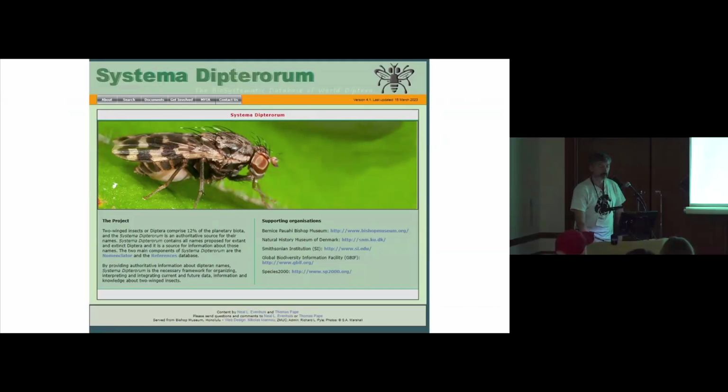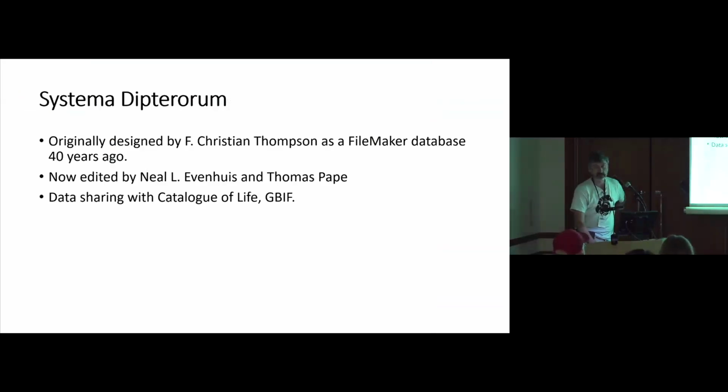Systema Dipterorum is an old database on diversity and classification of the order Diptera insects. It has a 40 year history, originally designed by Christian Thompson as a FileMaker database, with data entered by him, and after his retirement it is now inherited by Neal Evenhuis and Thomas Pape. Data is shared with Catalogue of Life, and through that to GBIF as well.